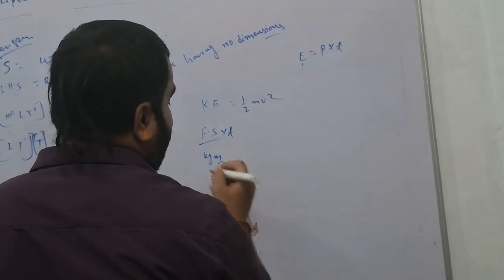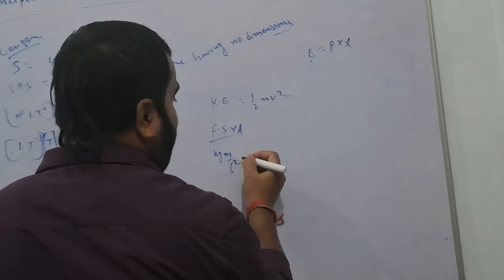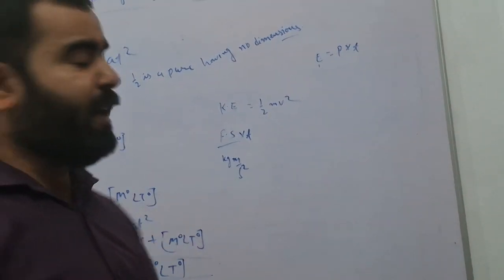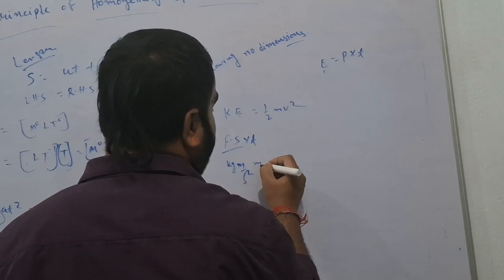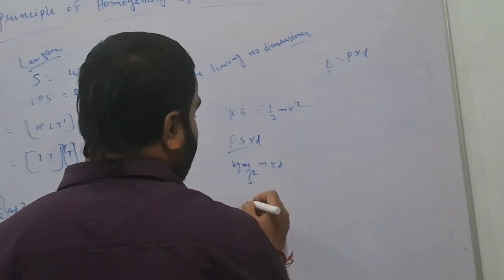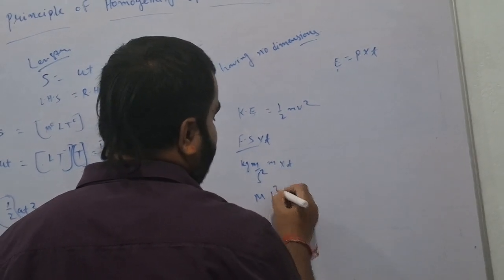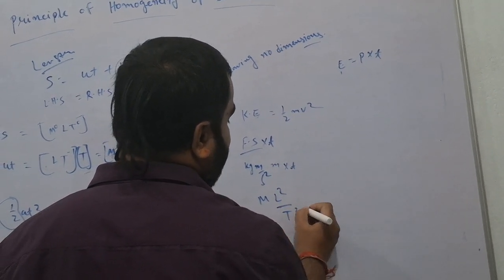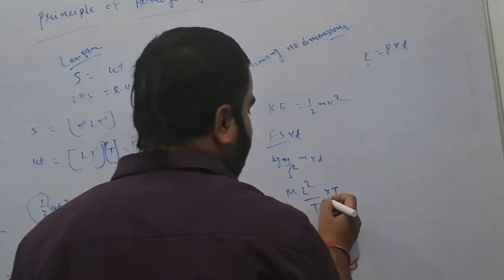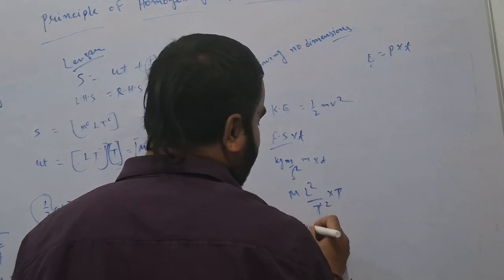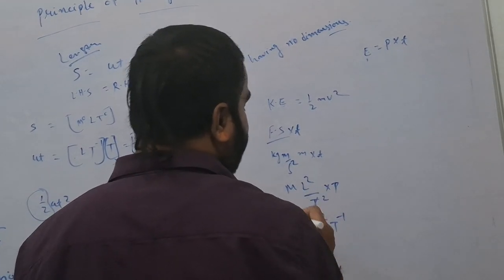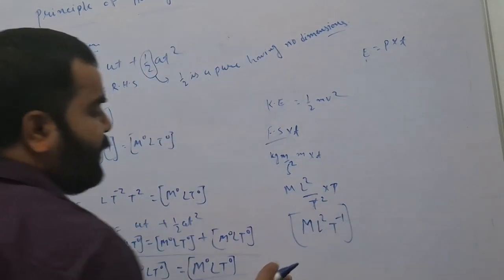We know F is equal to m a, and S is the displacement, so length, meter again, and time T. Now write the dimension of all this: mass, length squared, and T square and T. So 1 T will be cancelled out, and you will get M L square T minus 1. This would be the dimension of energy.